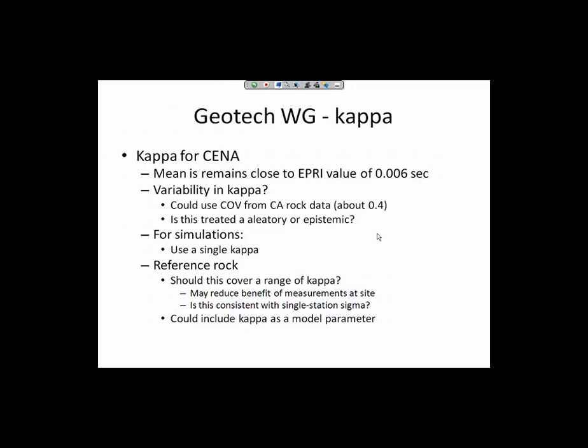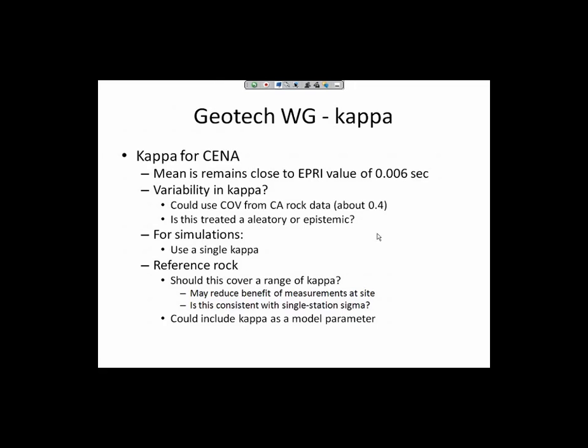The question I bring up is, if we bring in too much and treat it effectively as aleatory, saying there's now a range of reference rock conditions, that becomes, for all practical purposes, an aleatory variable that we randomize over. Then you lose the benefits of any measurements at your site, where you may be able to say, I can tell my site really does have a Kappa of 0.01 as opposed to 0.006.